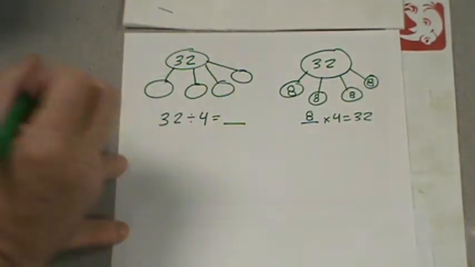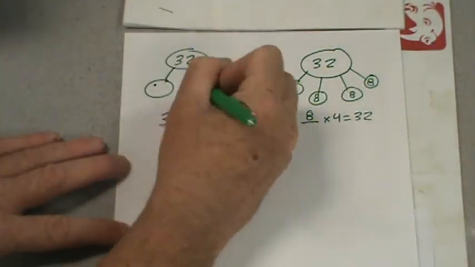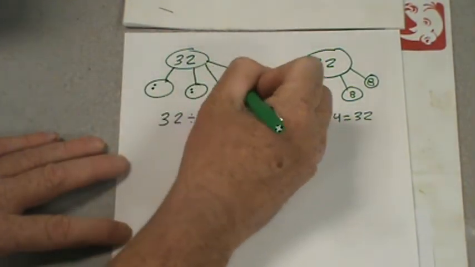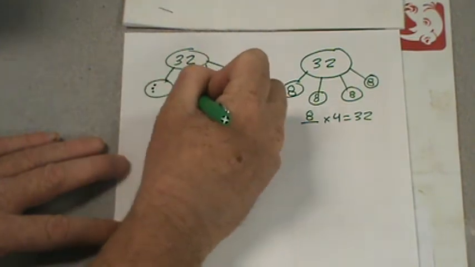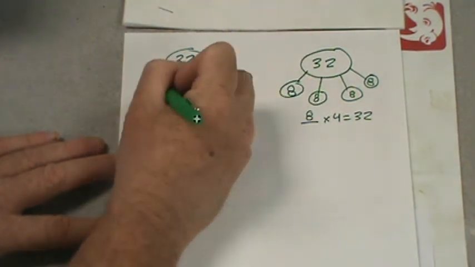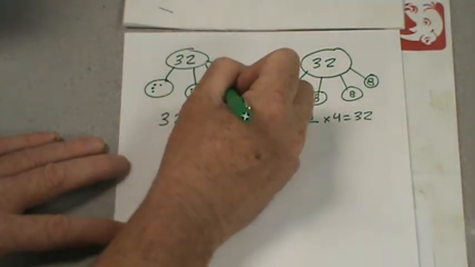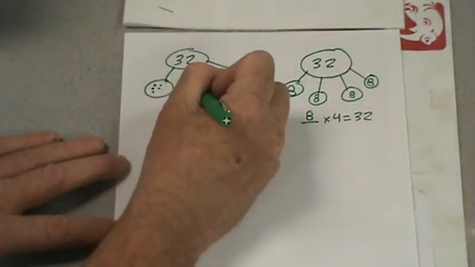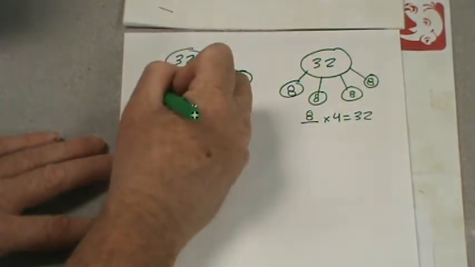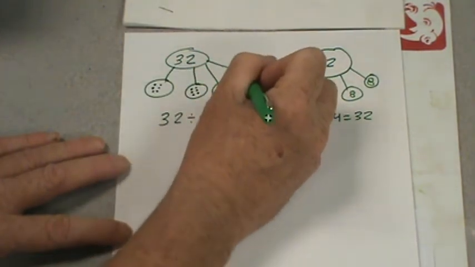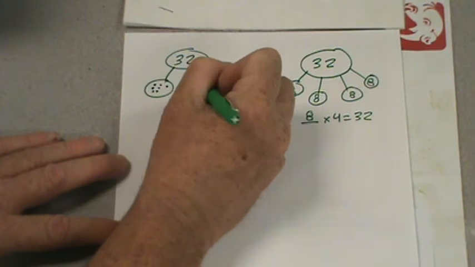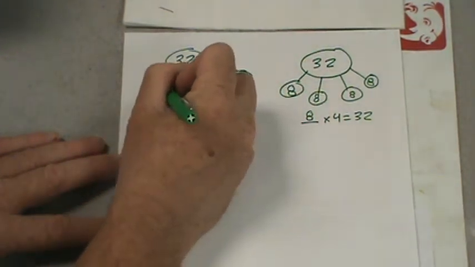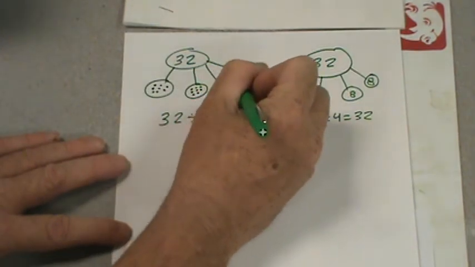And then if we wanted to prove this, we can go 1, 2, 3, 4, 5, 6, 7, 8, 9, 10, 11, 12, 13, 14, 15, 16, 17, 18, 19, 20, 21, 22, 23, 24, 25, 26, 27, 28, 29, 30, 31, 32.